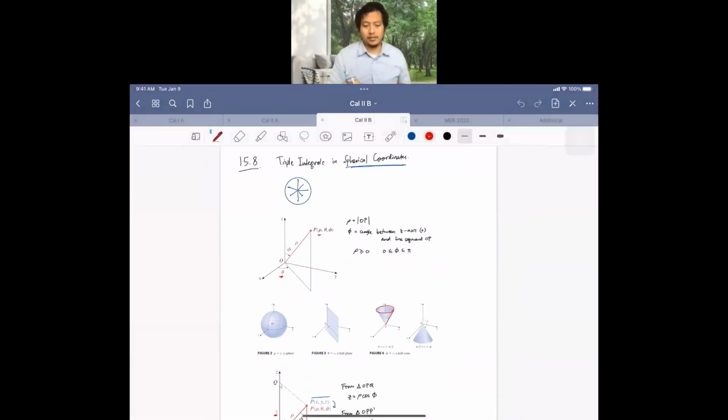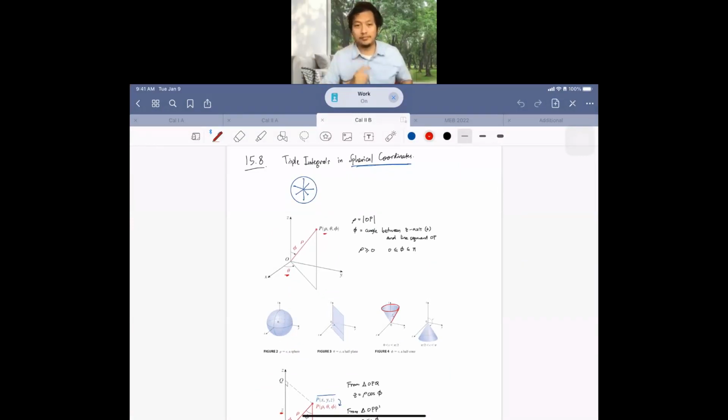Last discussion, we were covering triple integrals in spherical coordinates.